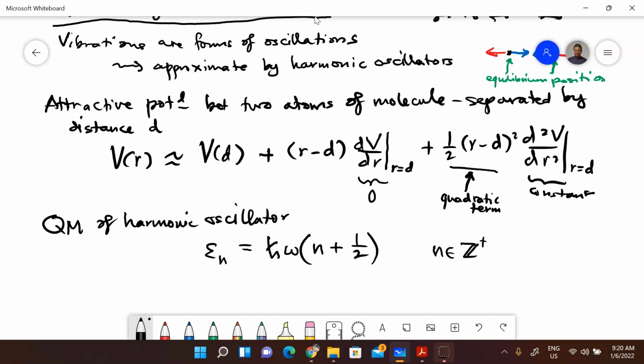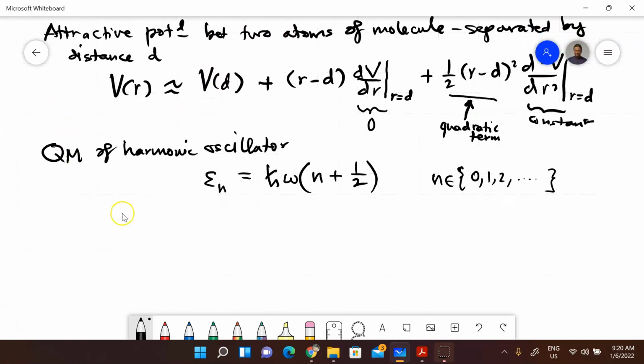Okay, or it doesn't have to be Z plus. Let me remove that. Maybe I just write in terms of the numbers themselves, 0, 1, 2, and so on.